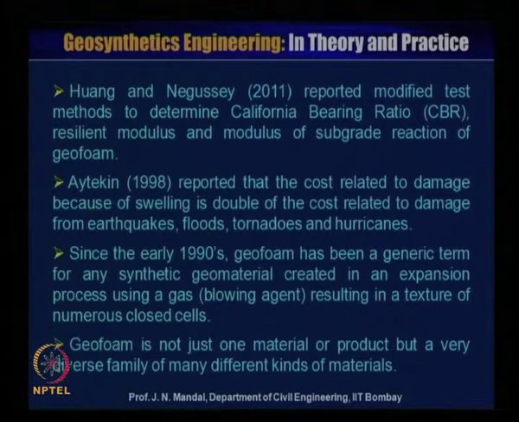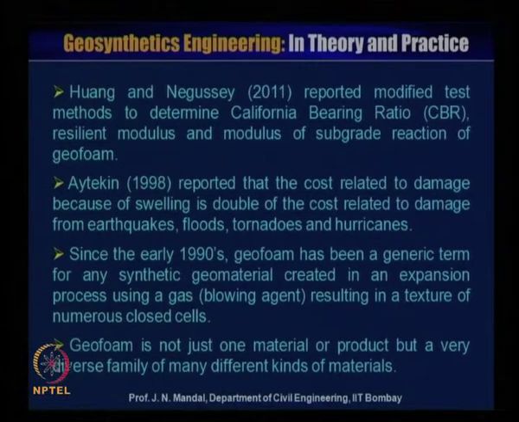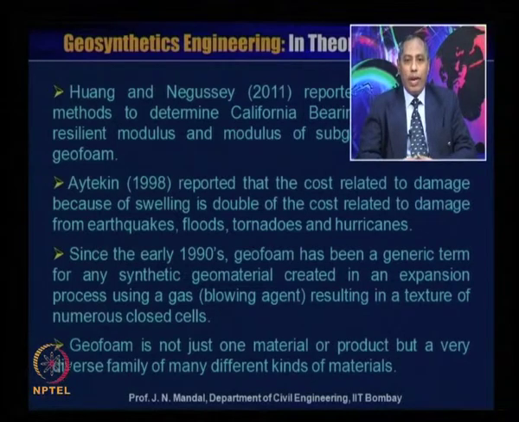Wang and Nagasue 2011 reported a modified test method to determine California bearing ratio, that is CBR, resilient modulus, and modulus of subgrade reaction of geofoam. Atkinson in 1998 reported that cost related to damage because of soiling is double the cost related to damage from earthquake, flood, tornadoes and hurricane.